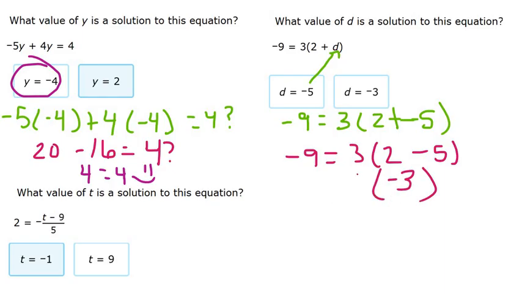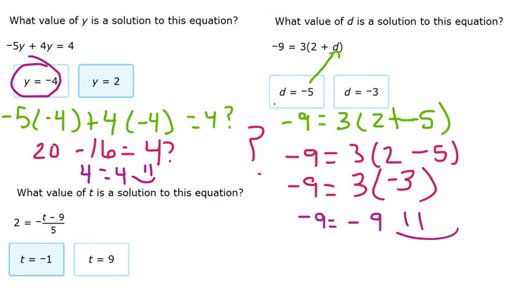So we have 3 times negative 3. Does that equal negative 9? 3 times negative 3 is negative 9. So these are, in fact, equal to each other. So I can give it the smiley face, and that's the answer we would select.